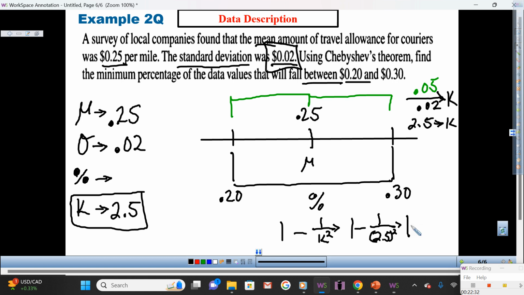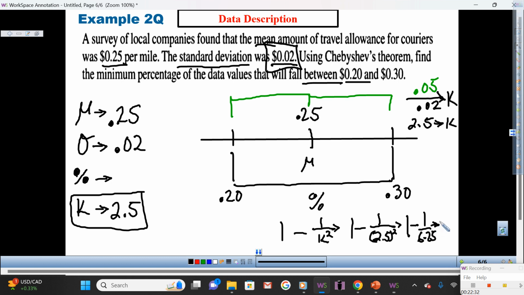So this is 1 minus 1 over, what is 2.5 squared? 6 point something? 6.25? All right. So what is 1 minus 1 over 6.25, guys?